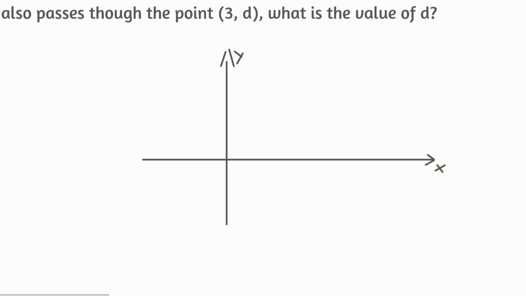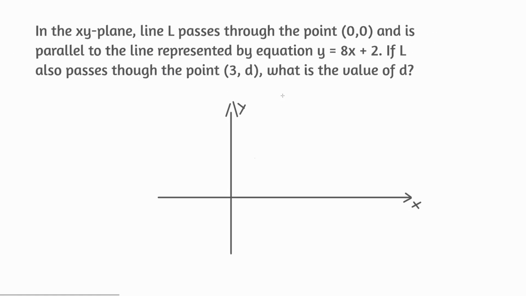We have our line L that passes through the origin (0, 0), but we don't know exactly where it goes. It could go like this, like that, or like that. However, we know that the line is parallel to the line y = 8x + 2.